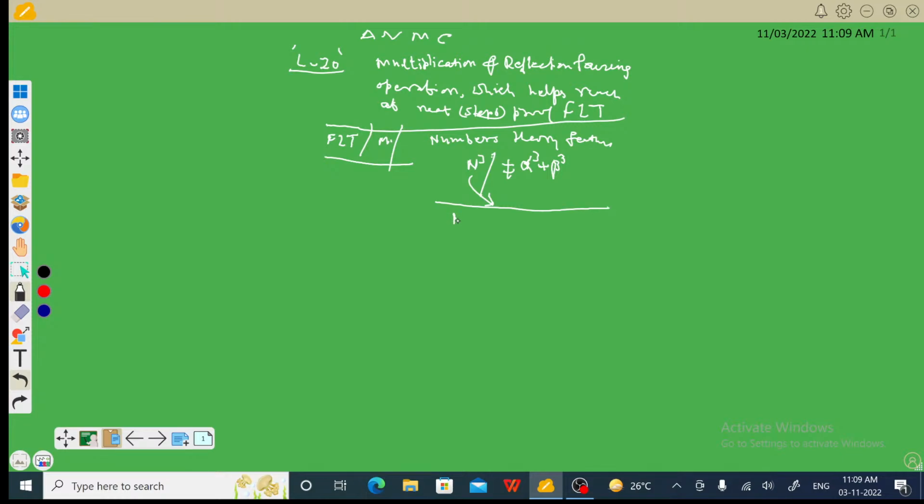Numbers have the basic operation of addition. Even multiplication is taken as if it is a repeated addition.